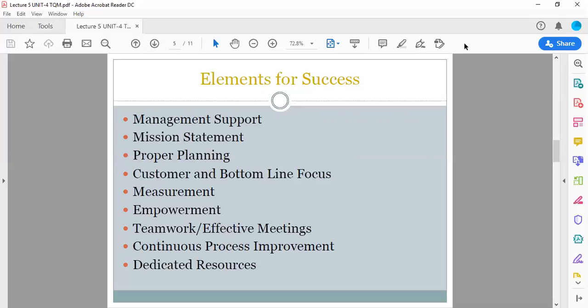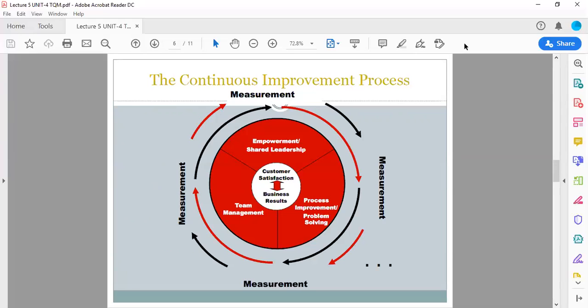If we stop the process, then it will affect the continuous improvement in the process. Okay, next is the dedicated resources, that we have to provide resources which are dedicated in order to take the right thing out. Okay, so these are some elements which we discussed for the success of TQM.